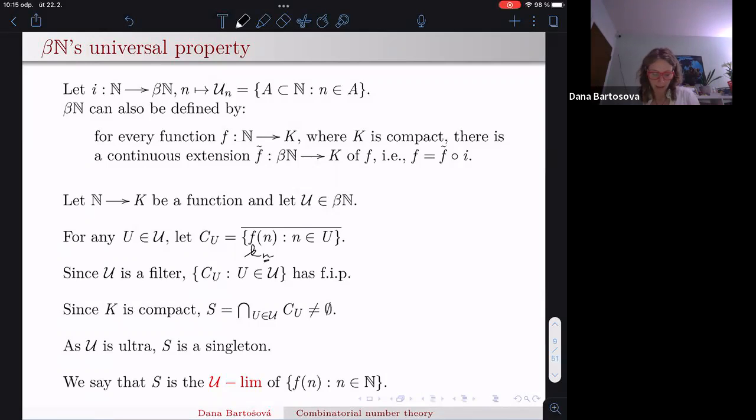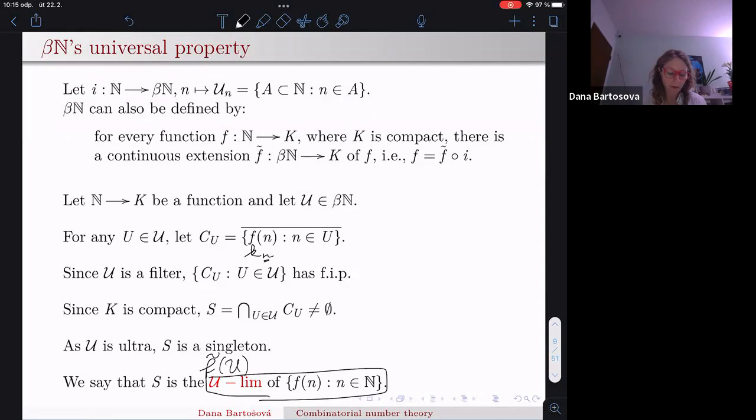And then we call this image of u, this is what I mean, the f image of u is also called the u limit of the sequence f(n). So we will be using this notation in what comes. It's somewhat a shorthand to express this image.